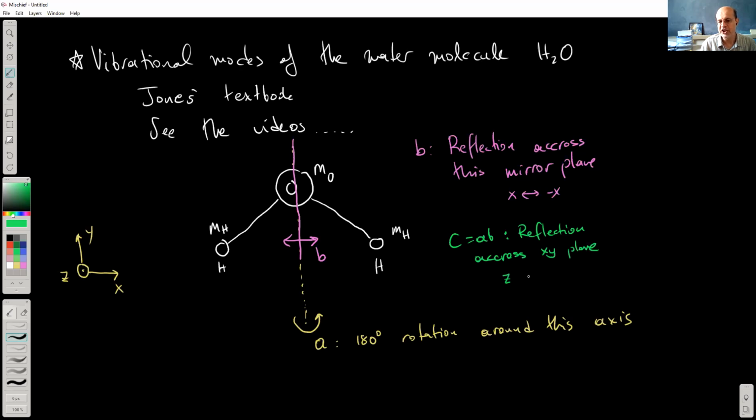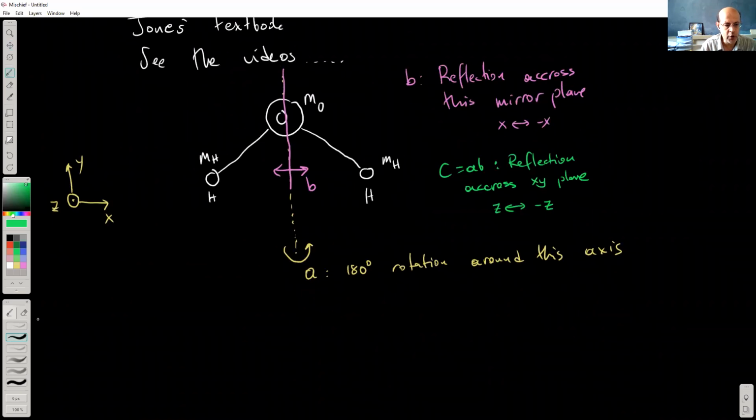So this essentially changes z with minus z, right? So there are two reflections and one rotation. Okay, so I'm just going to write down the group like that. This group is called C2V, right? So that basically contains the identity, A, B, and C.